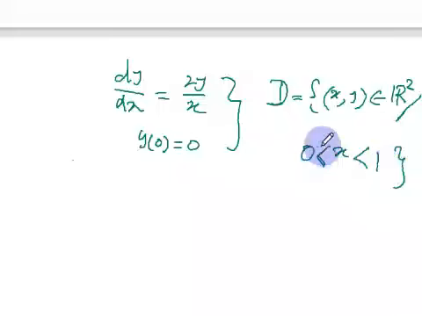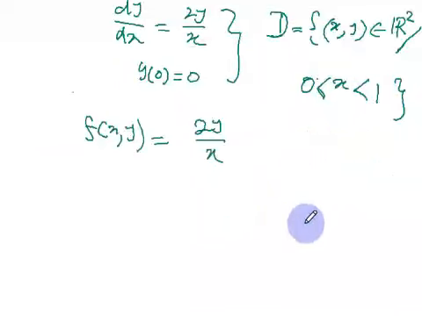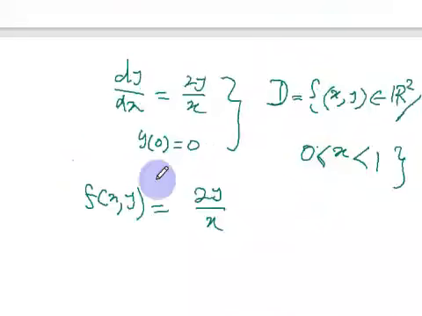So we know that f(x, y) is 2y over x, which is continuous on this domain. Let's check whether it is Lipschitz or not.